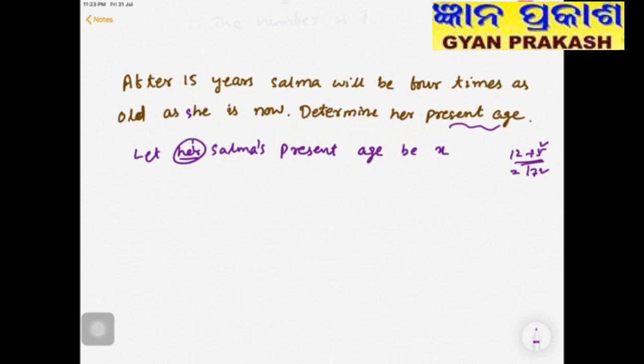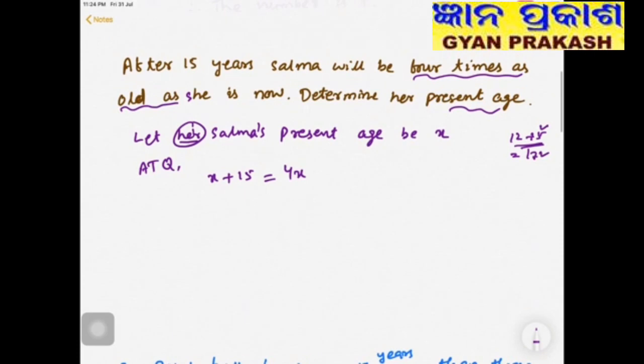So now after 15 years Salma's age will be x plus 15, and what is given? Salma will be 4 times as old as she is now. That means she will be 4 times of x. So it is our equation.